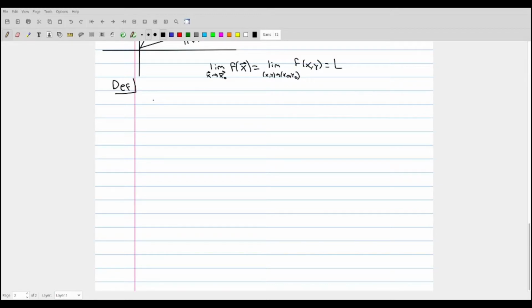So we say that for any epsilon greater than 0, we can find a delta greater than 0 such that the following is true.